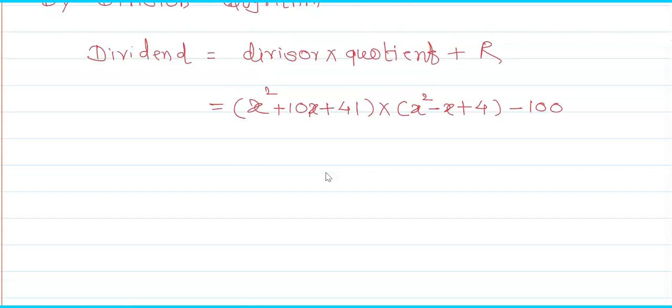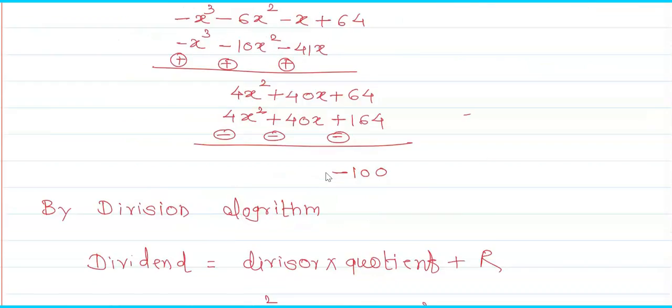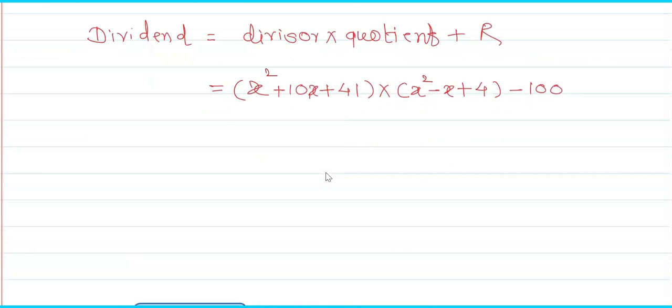Okay, the value of the divisor, that is x square plus 10x plus 41, is equal to 0. Therefore 0 into (x square minus x plus 4) minus 100. Hence 0 into this polynomial is 0.